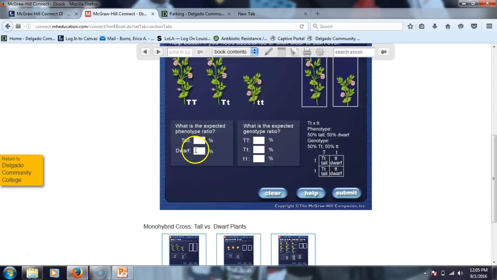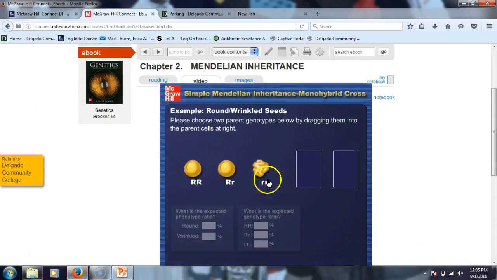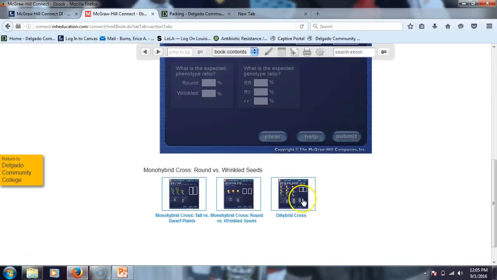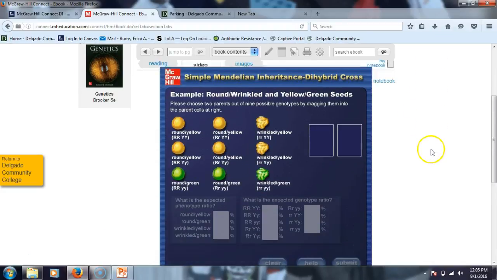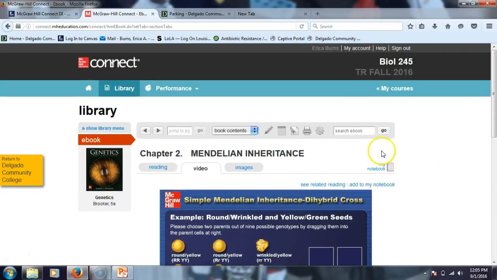So they have it for tall, they have wrinkled and round, and then they have the dihybrid cross even, where you can change up different ones. So I'm going to post an assignment for you guys. I think I can do it through Connect.